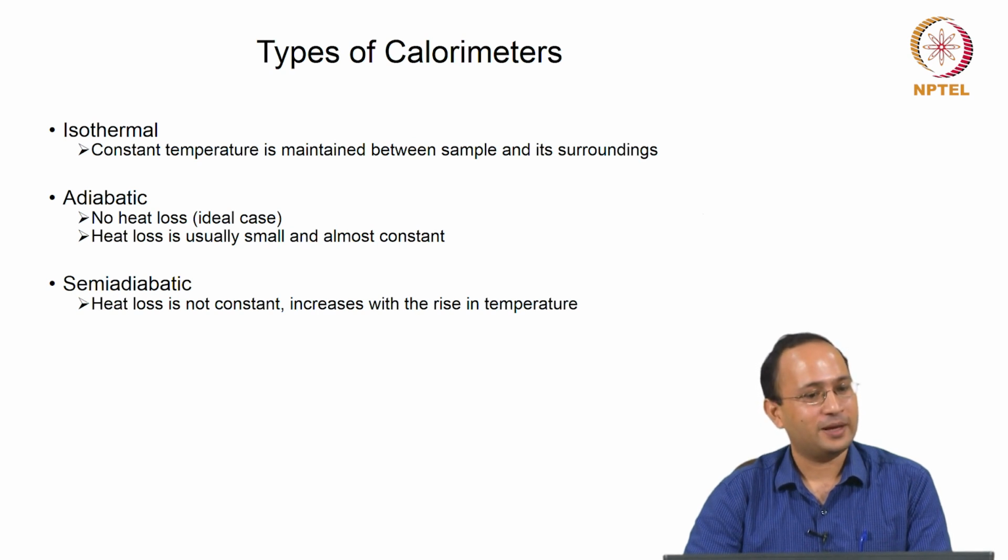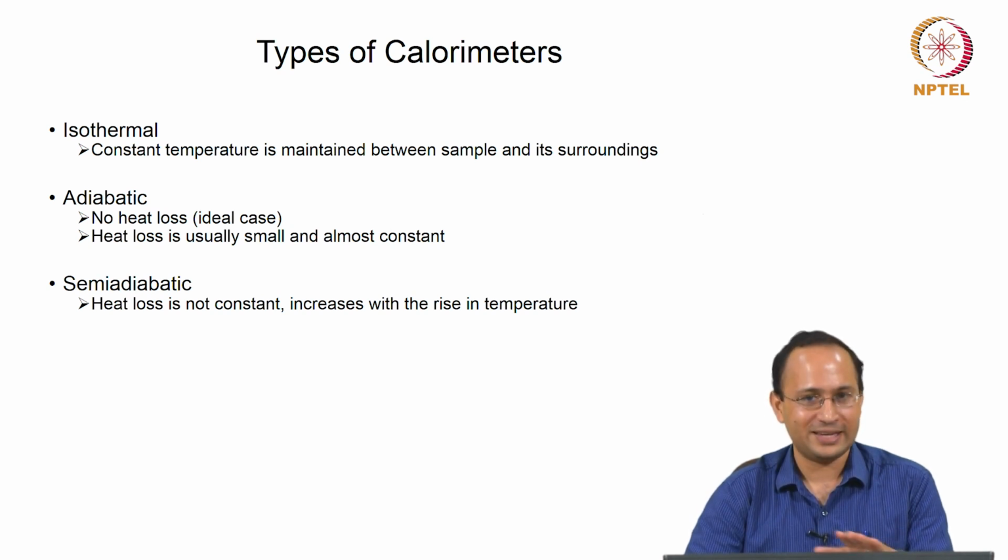Adiabatic, right. In adiabatic, what do we do? No heat loss should occur between the sample and surrounding, right. That is the ideal case, but usually the heat loss is small and almost constant.